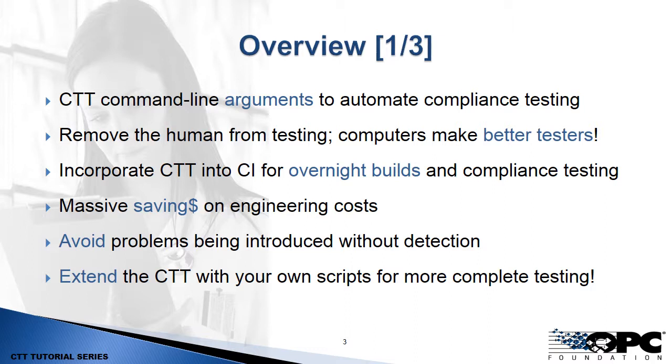With this ability, you can also add additional tests to the CTT, extending it to do very specific tests that apply to you and your product. This will only increase the amount of testing that your product receives, thereby increasing the overall quality, which we expect to increase overall customer satisfaction.